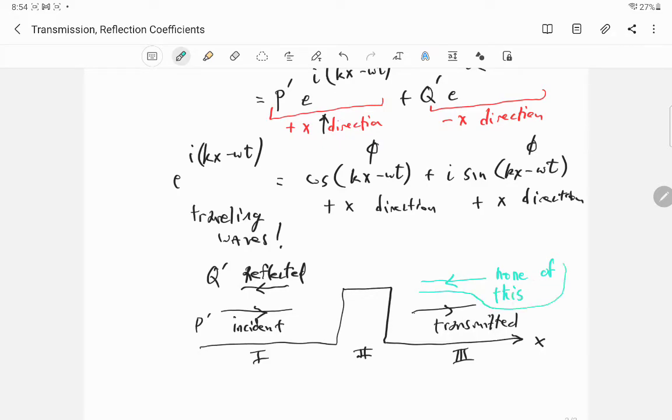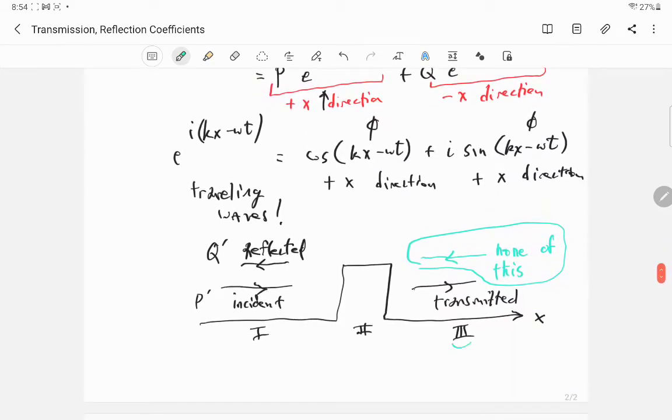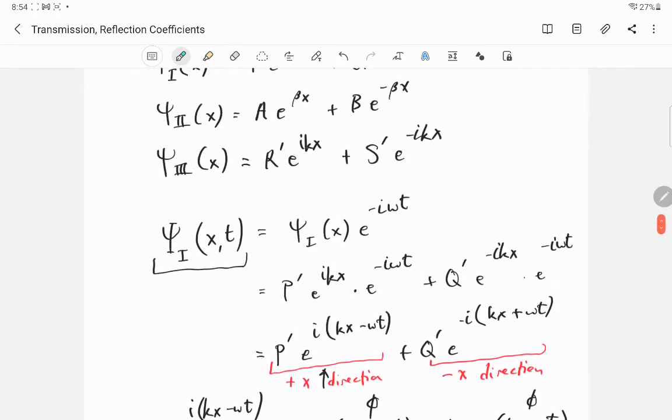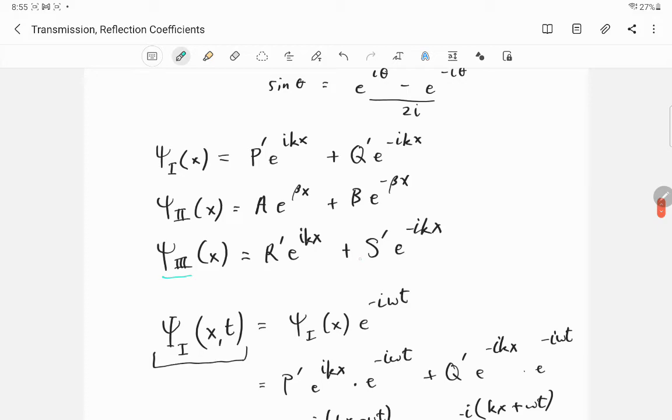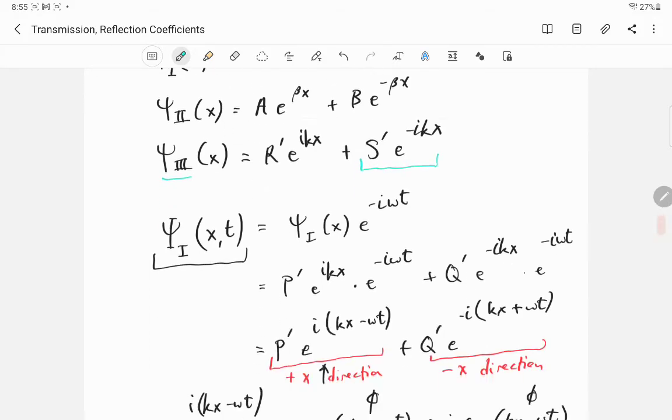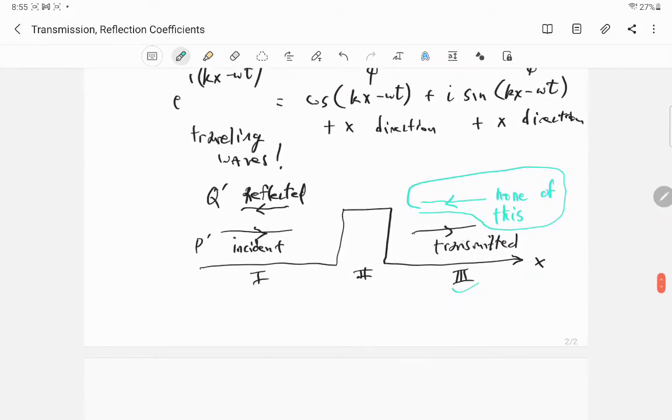We don't want any of the left directed wave. What this means is in region 3, let's force that to be the case. So here's the region 3 wave function. I don't want any left moving waves, right? Because there is no reason for them to be out there.